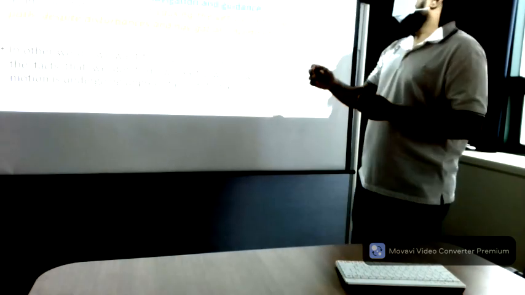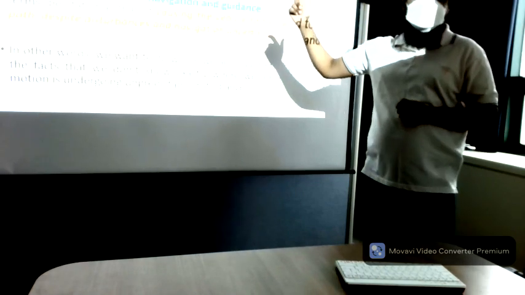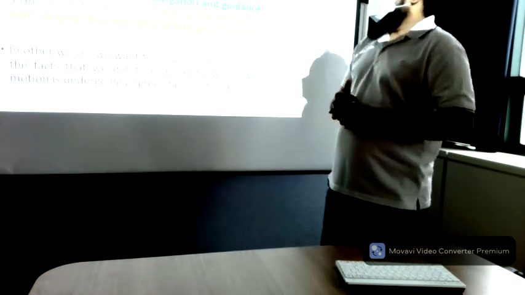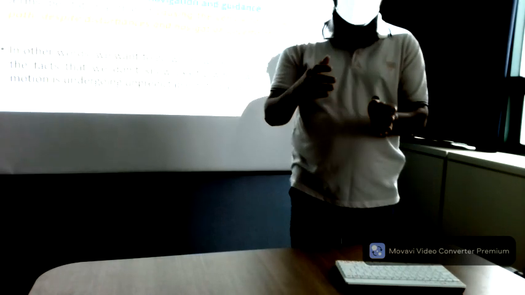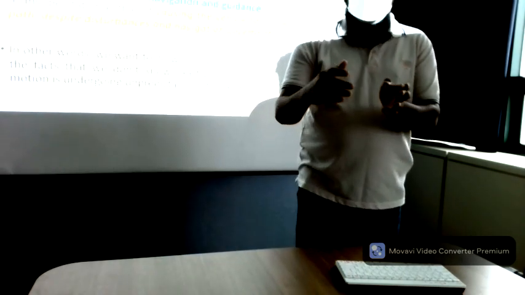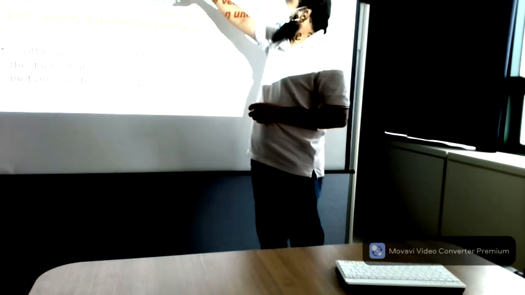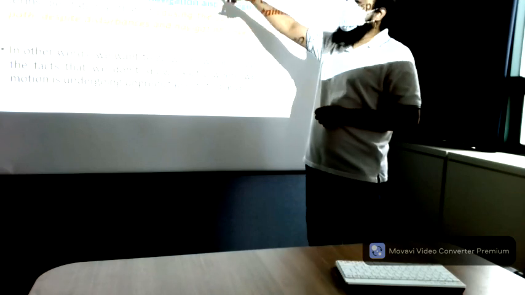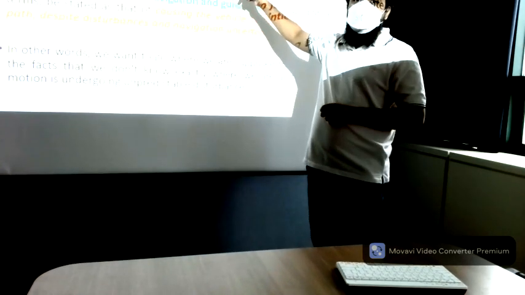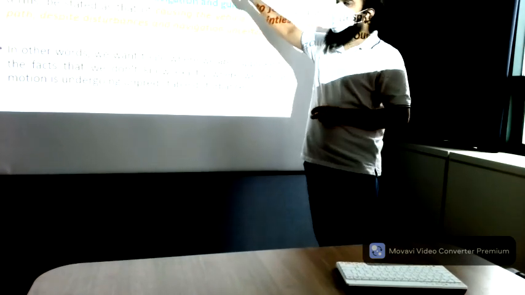So what is the error? The difference between where the vehicle is located and where it is supposed to be. Sometimes the vehicle goes to the other side of the path we designed. And the navigation error is actually the estimation error.